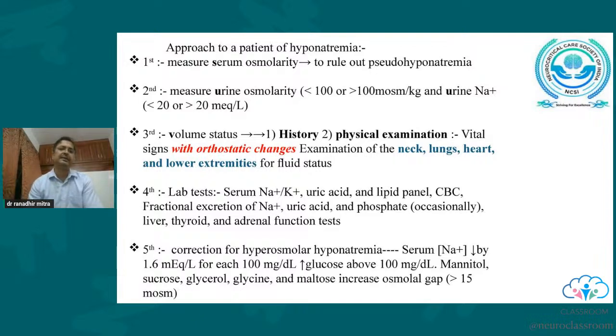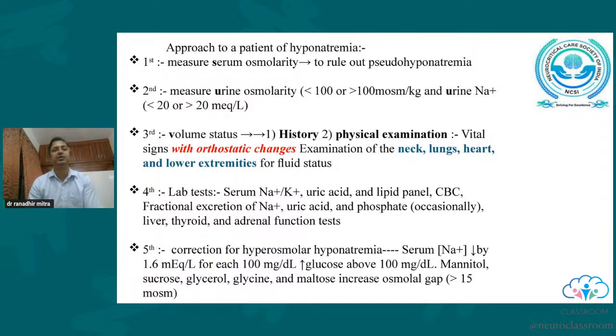If they are increased, then it can cause hyperosmolar hyponatremia. Because of the dilutional effect, they have decreased sodium, because of drawing of water into the intravascular space. And hypotonic hyponatremia is a true hyponatremia, where there is a definite decrease in body sodium.